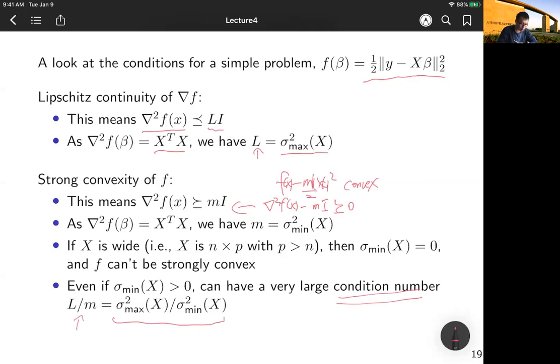So the ratio between the smoothness parameter and the strong convexity parameter is what we call the condition number, and that will be the term we refer to in the remainder of today's lecture, and also whenever the gradient Lipschitz constant and the strong convexity parameter come up in the remainder of this course.